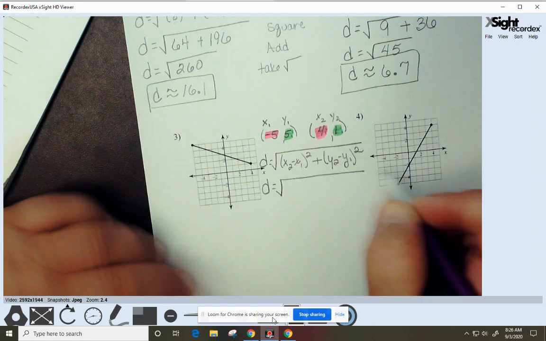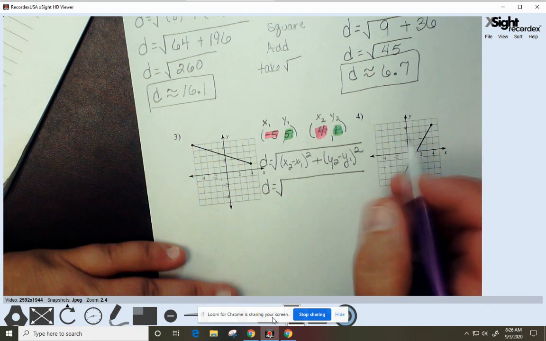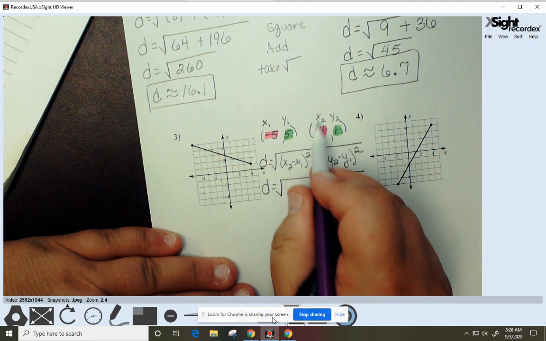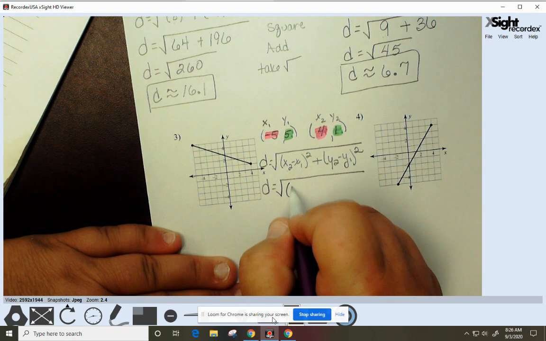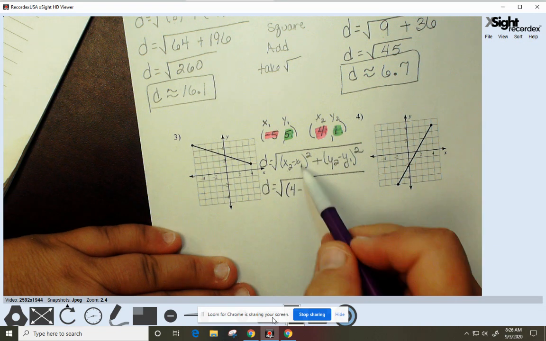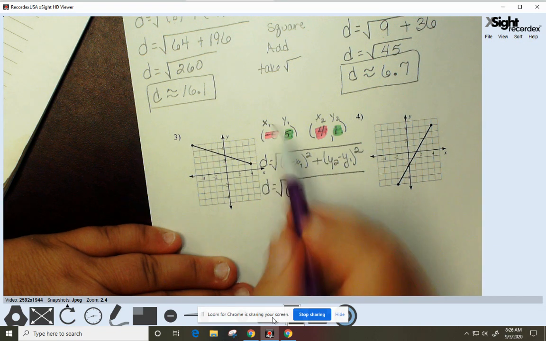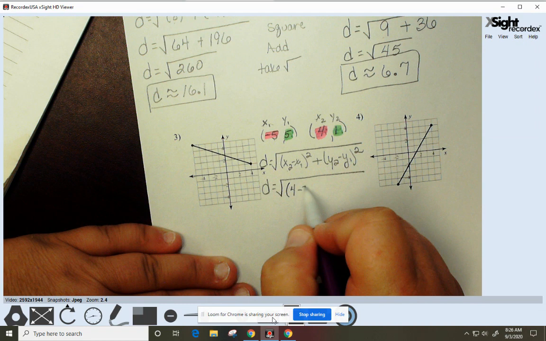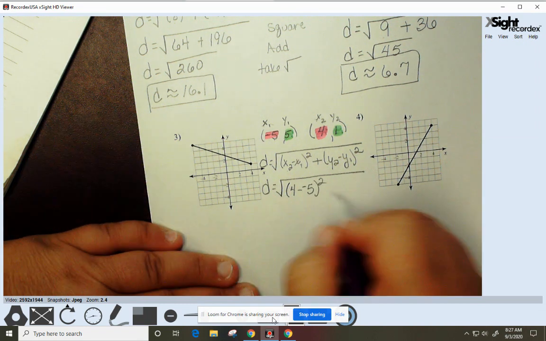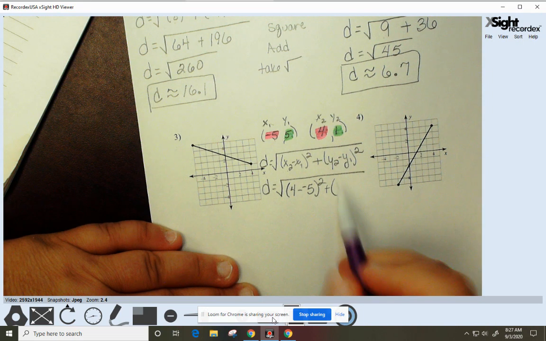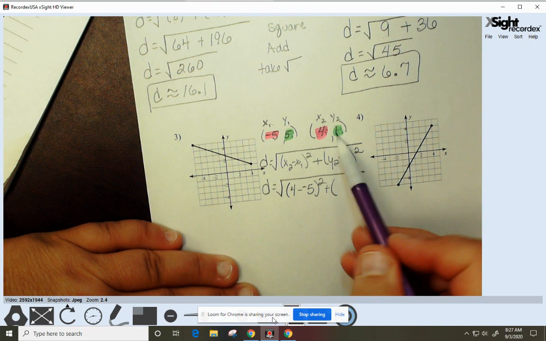So my distance is going to be X sub 2. So I go up here and find where I've labeled. I'm going to replace that with that 4 minus X sub 1. X sub 1 I'm going to replace with that negative 5. And we'll square that in just a moment. Plus Y2 is 1.